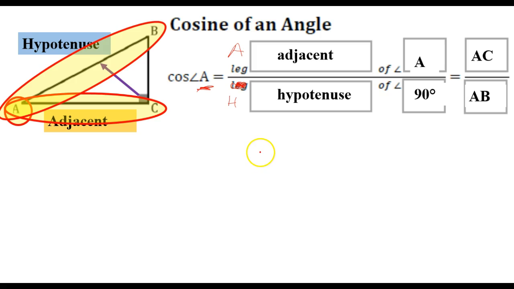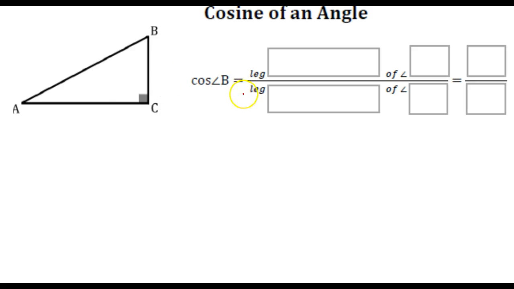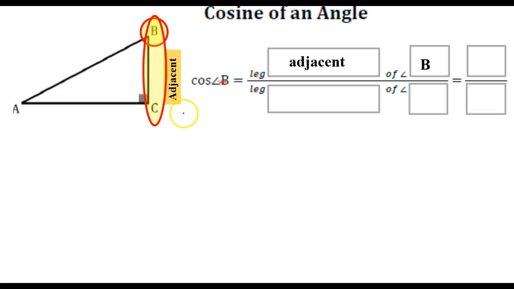Again, if you need to erase that picture for the labels, we're going to move on to cosine of B. So again, that's going to be angle B, so let's go ahead and circle B. The side adjacent, my bad, to angle B, which is right next door, would be side BC.